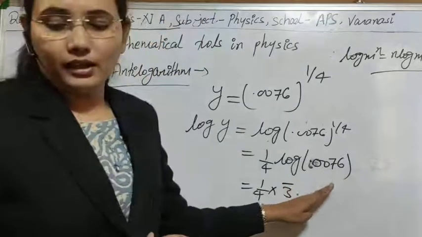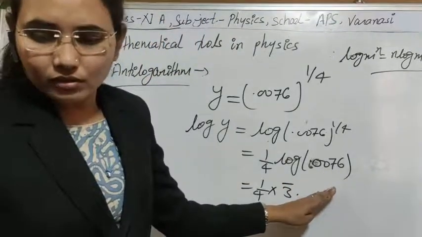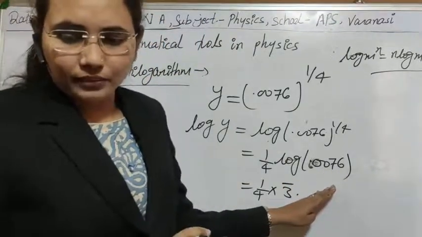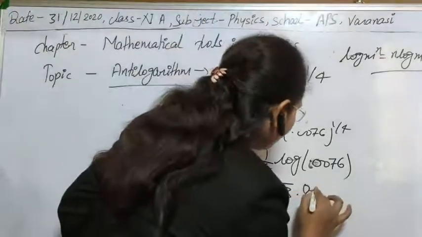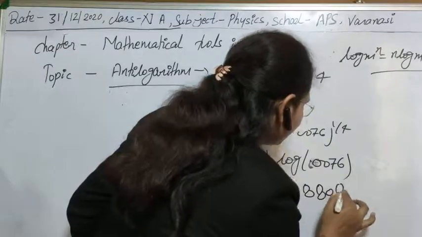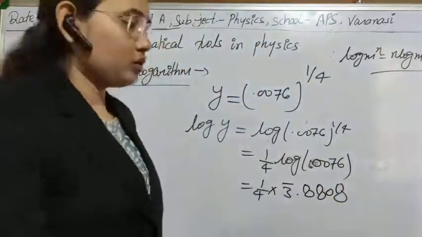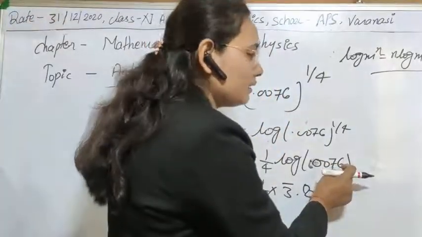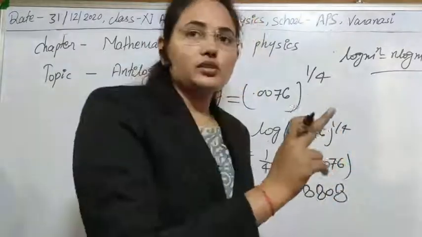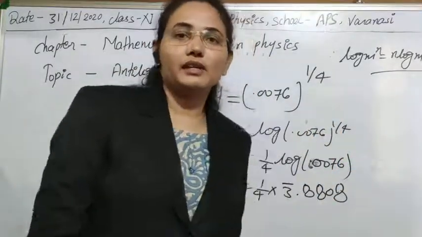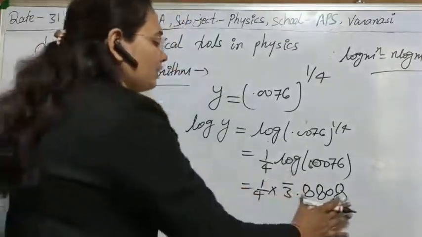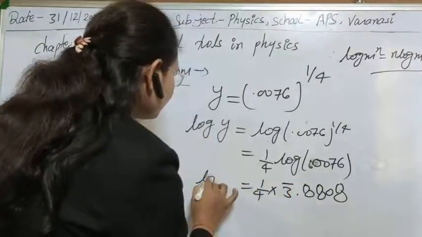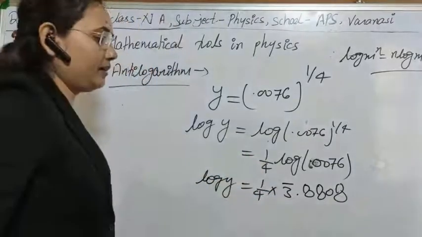After that put the value there. So if you put the value here, then you will get 8808. You can see this by yourself. Try to solve it. You have to see the log table in the 0 of the 76. Then after that you will see this value. So now you have taken the log here, and here we have log of y. Clear?